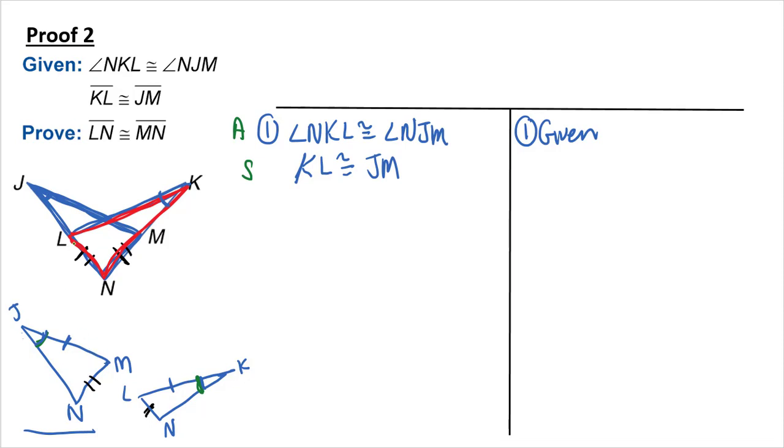I don't know anything about L and M, but I do have this common angle N here. That's angle N down here, angle N down here. So angle N is congruent to angle N by the reflexive property.